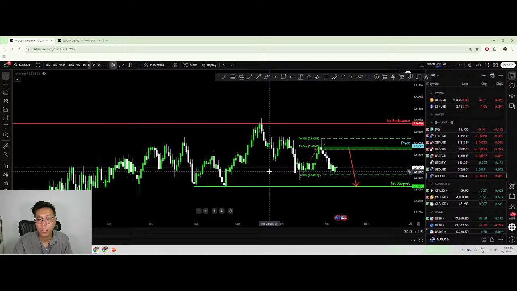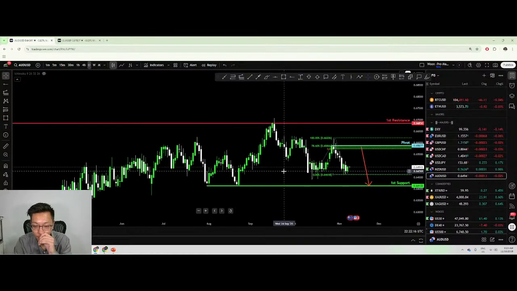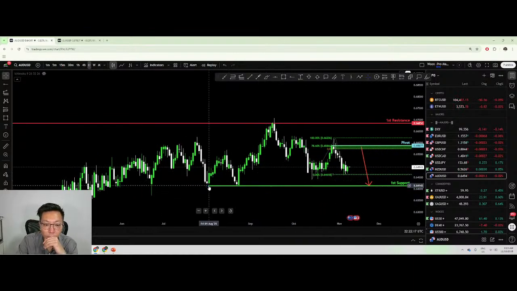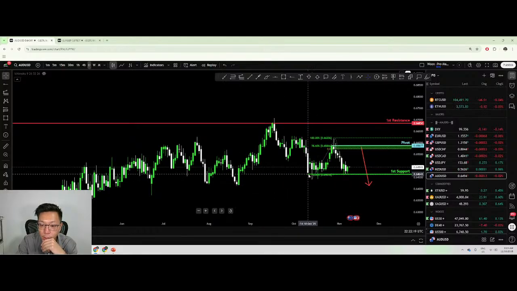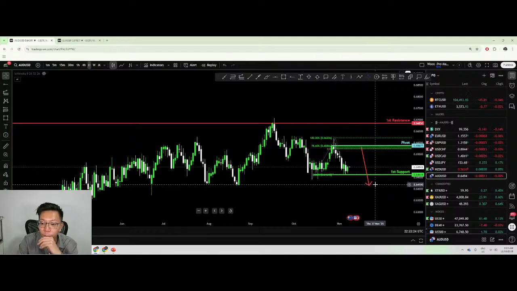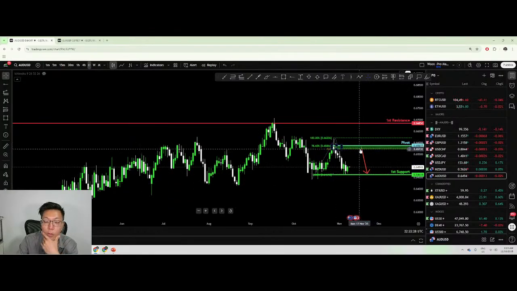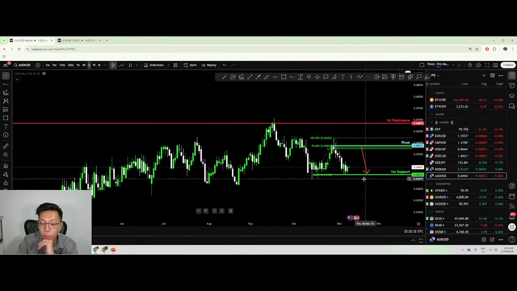Let me just highlight this area. For our support, let's place it slightly here. I think this makes more sense. If we are looking for sells right at this area, our target shouldn't be too far off.